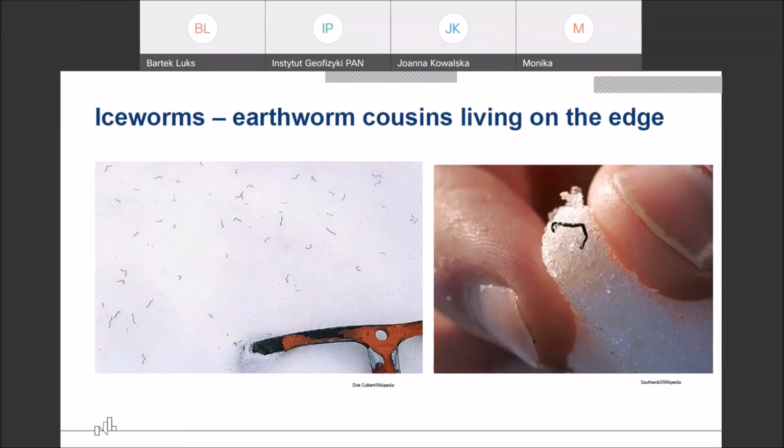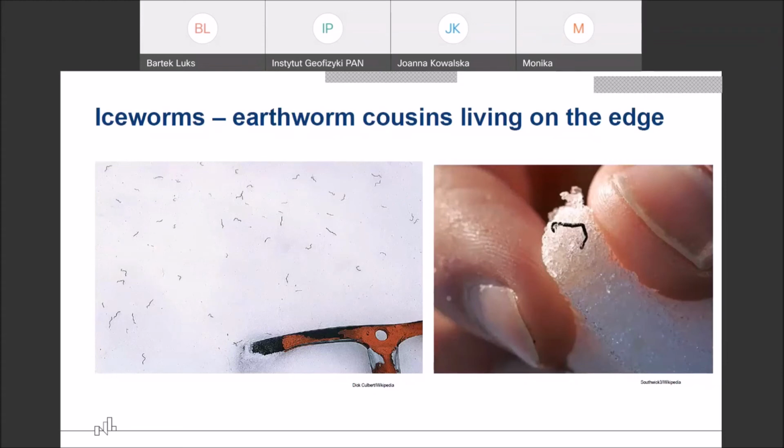They are earthworm cousins. They look like little earthworms, but much smaller. They are up to 2 centimeters long, and they spend all their life in glacier ice, like in firn or in the snow, but still on the glaciers.